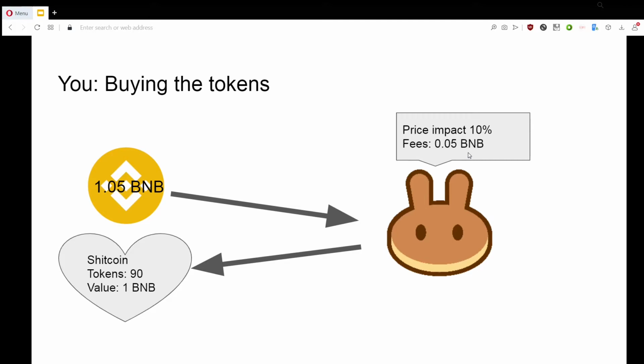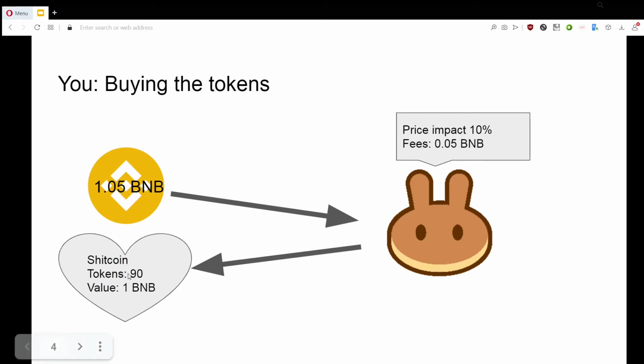You are expecting, with the current price, 100 shitcoins, but in fact you are only receiving 90 for this 1 BNB because there was a price impact with your purchase. So the price of shitcoin went up when you purchased this token, and this is the way token prices change. When you're selling, they decrease, the price impact is negative. When you buy them, the price impact is positive and the price of the token goes up.